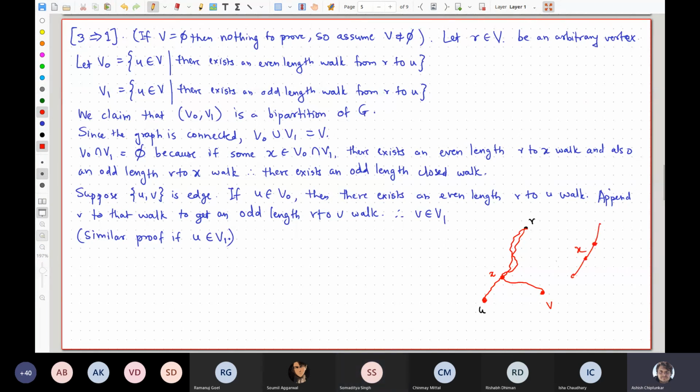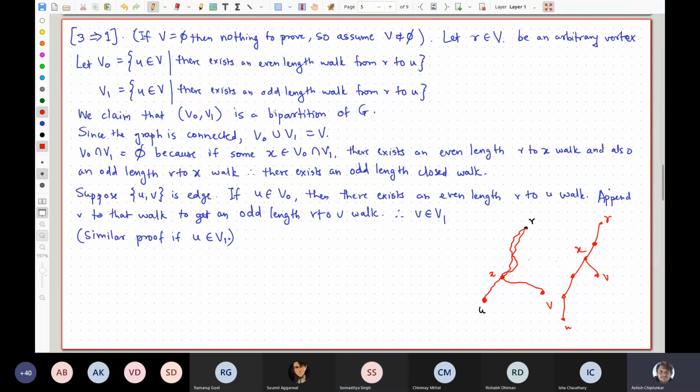Let's say this is your X, this is your U, and this is V. Right? Sir, they need not have the same length. No, sir, from R to X. I'm saying R to X.